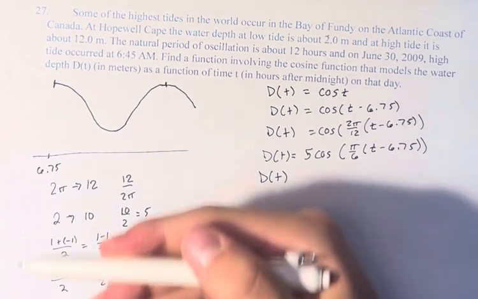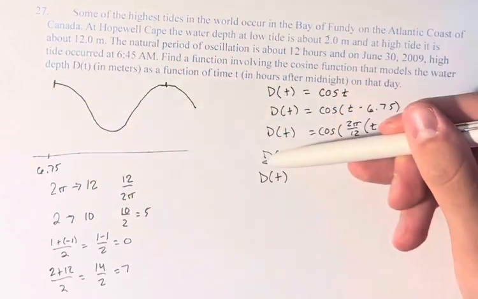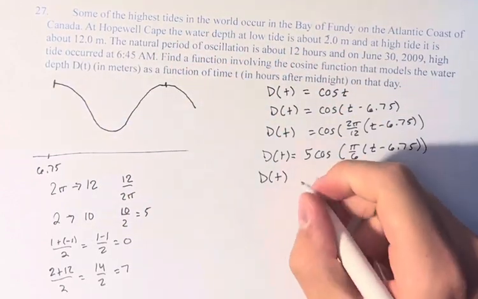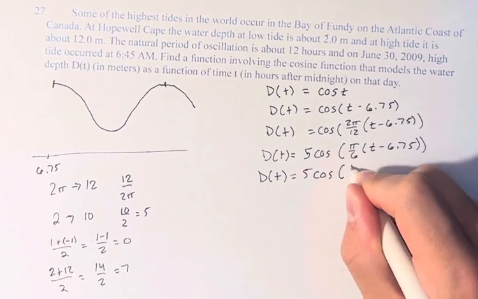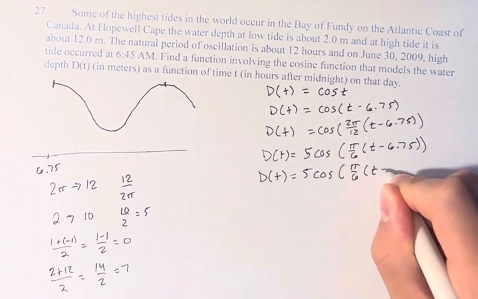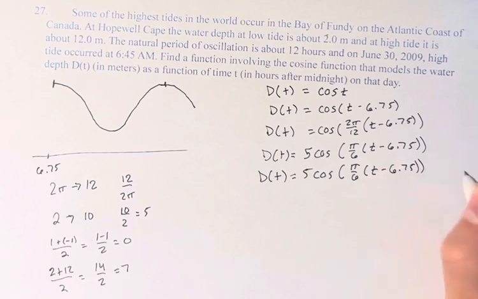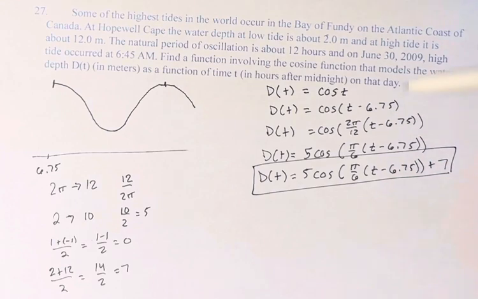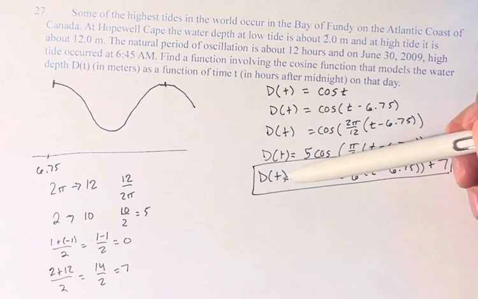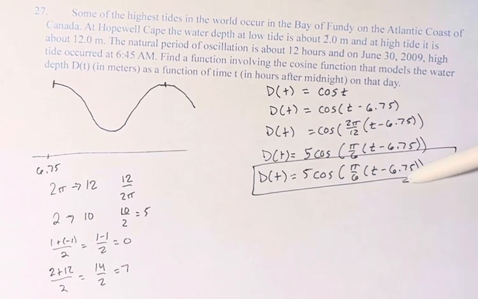So that means it shifted up 7, and it's hovering around that 7, the average tide. So we do a vertical shift up 7, and we get 5 cosine of pi over 6, t minus 6.75, plus 7. And this is your final function. This models the water depth, d of t, as a function of time t, hours after midnight, on that particular day in this cape, in this bay in Canada.